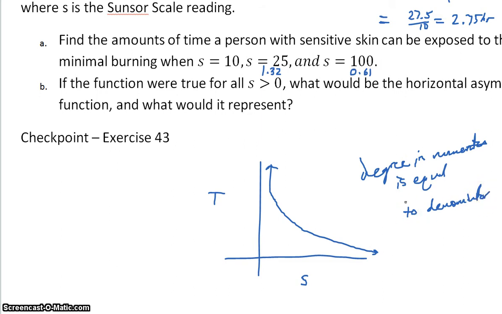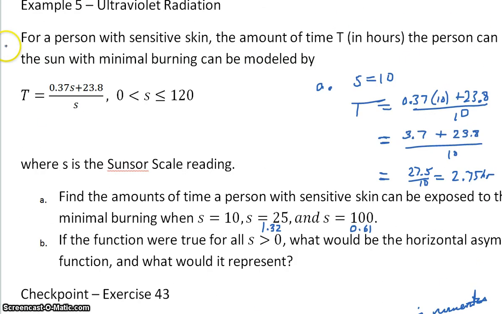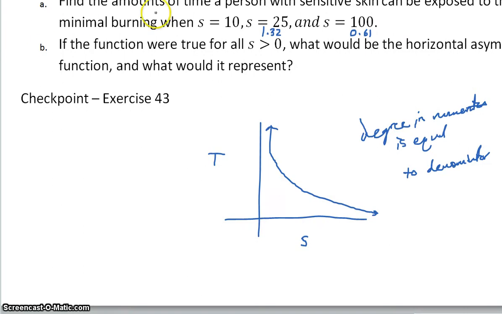Okay, so if the degrees are equal, then we just have to look at leading coefficients. So it is 0.37 over 1. So that's going to be y equals 0.37.